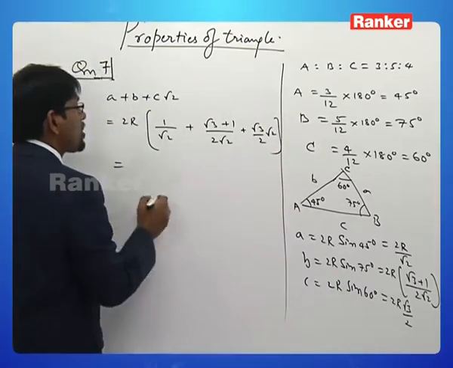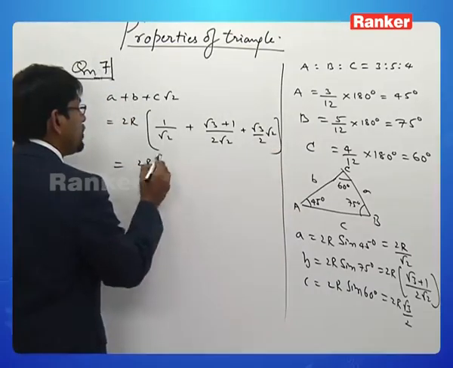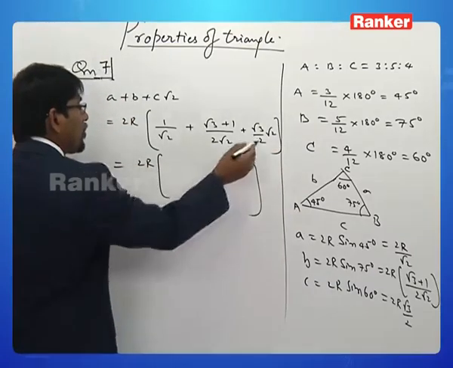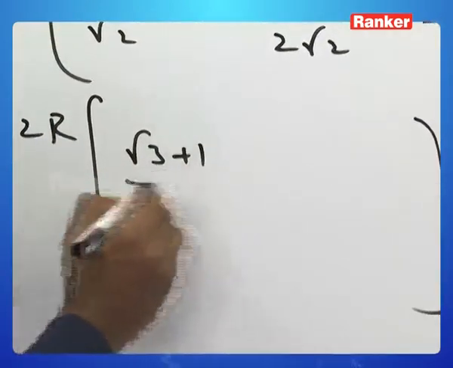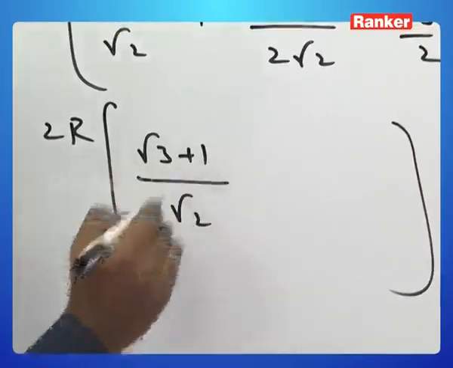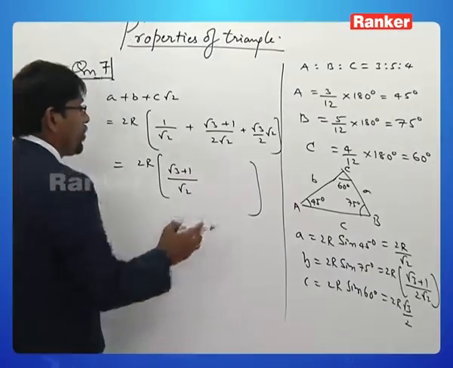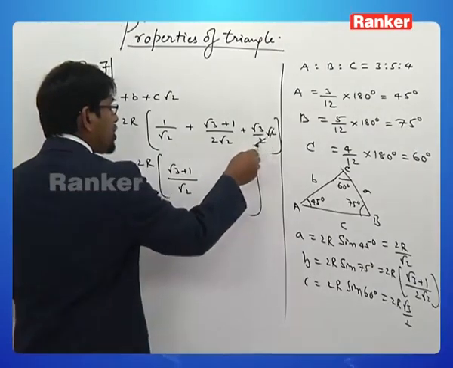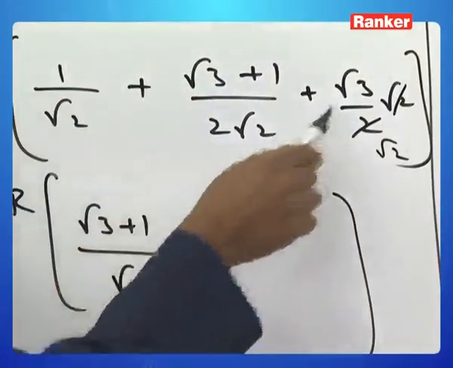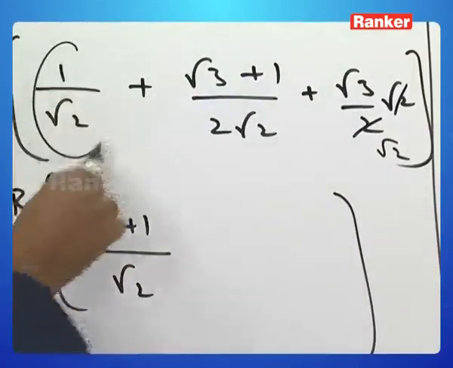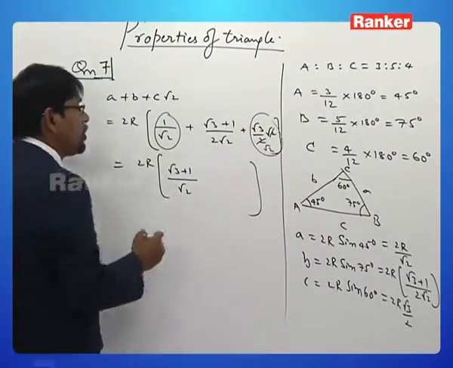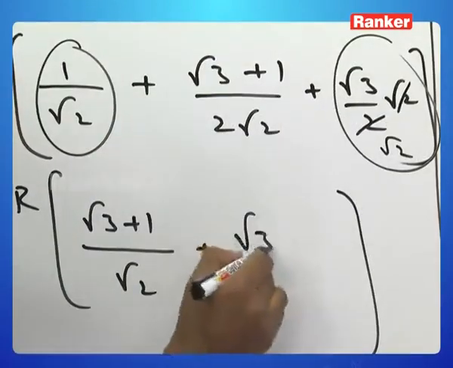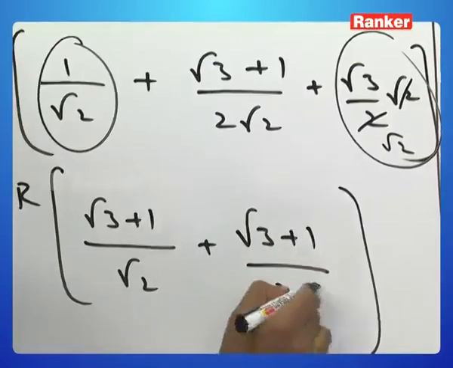So that gives us 2r into root 3 plus 1 by root 2. This root 2 and this 2 will cancel, and we can club these two terms here, and we have therefore root 3 plus 1 by root 2, and here root 3 plus 1 by 2 root 2.